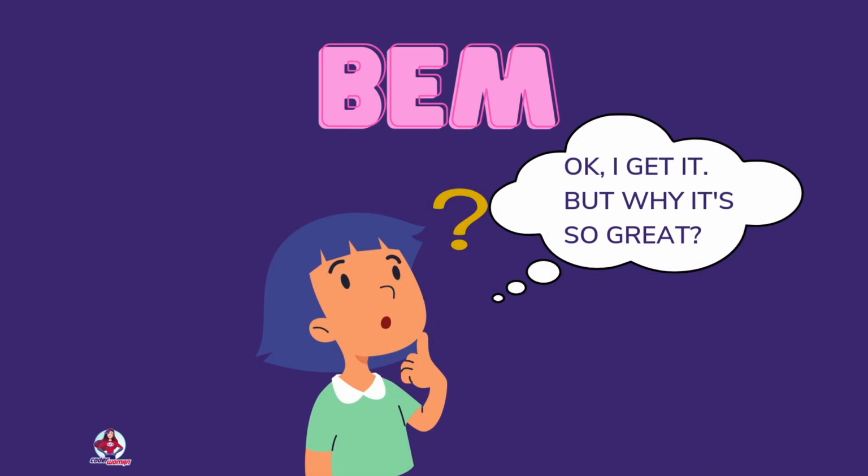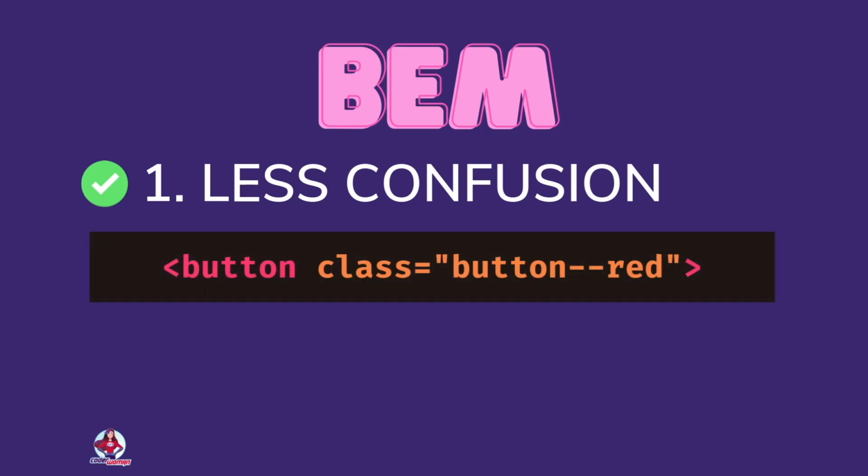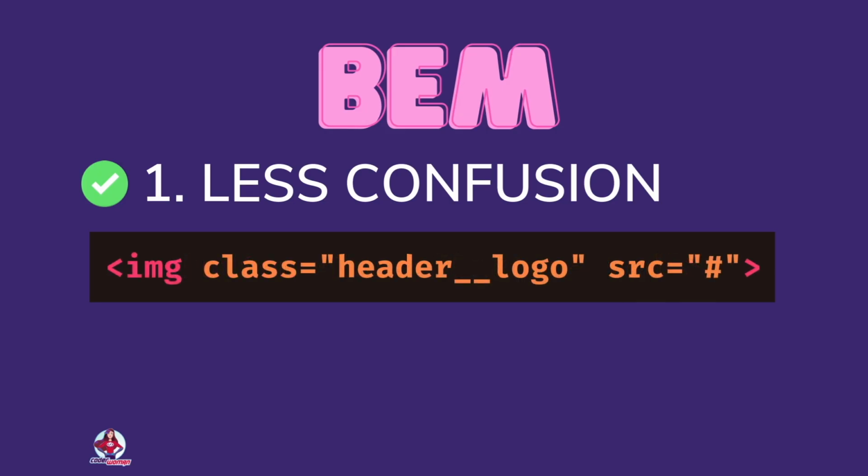So you might be scratching your head thinking, why should I bother with BEM? Well, let me give you some clear reasons to sum up what we've just learned. As we spoke earlier, with BEM, it's easy to see what's going on in your code just by looking at the class names. Button red, that's a red version of our button. Header logo, that's the logo sitting in our header.